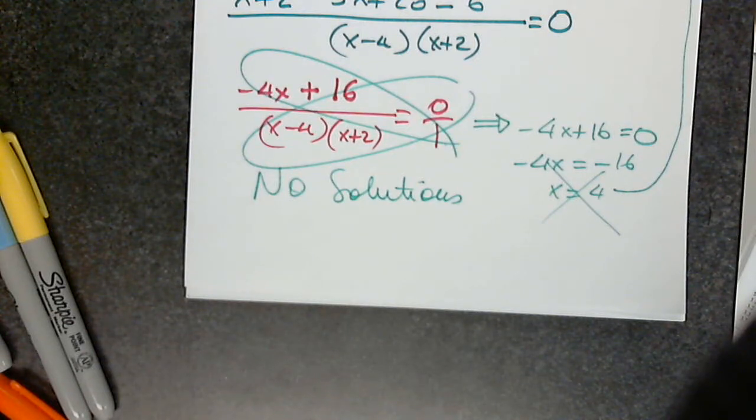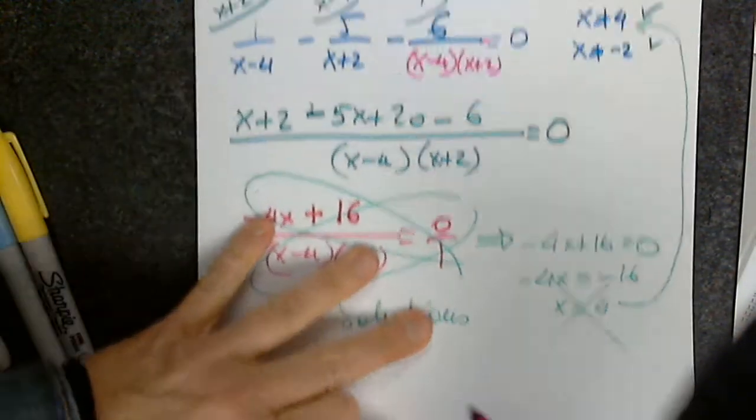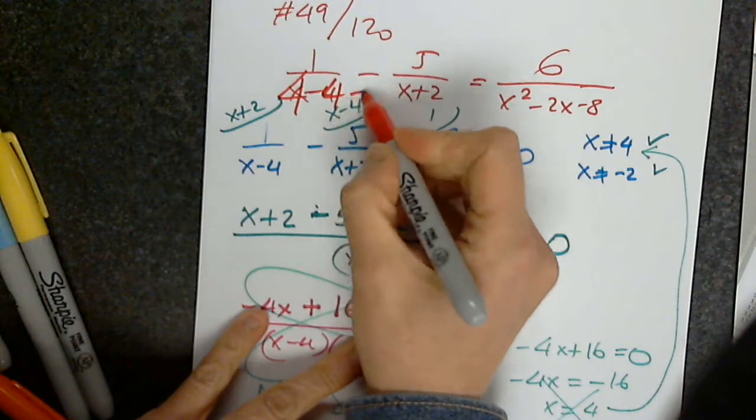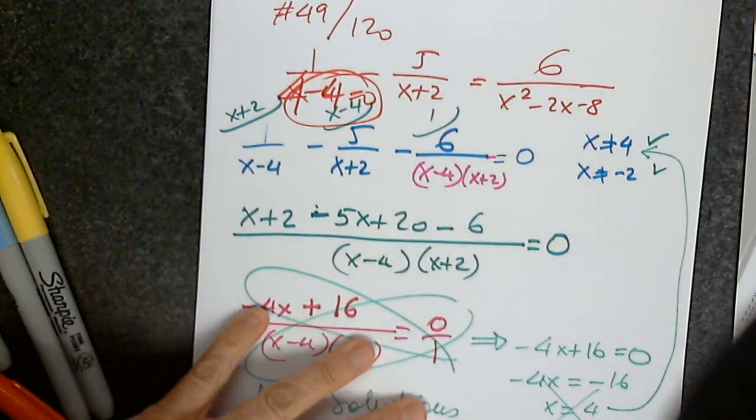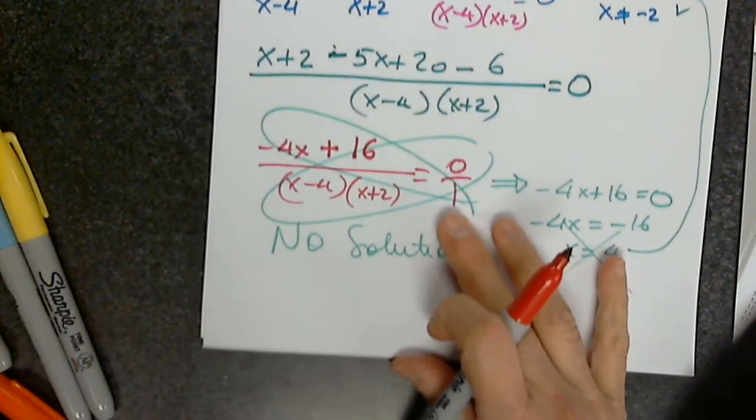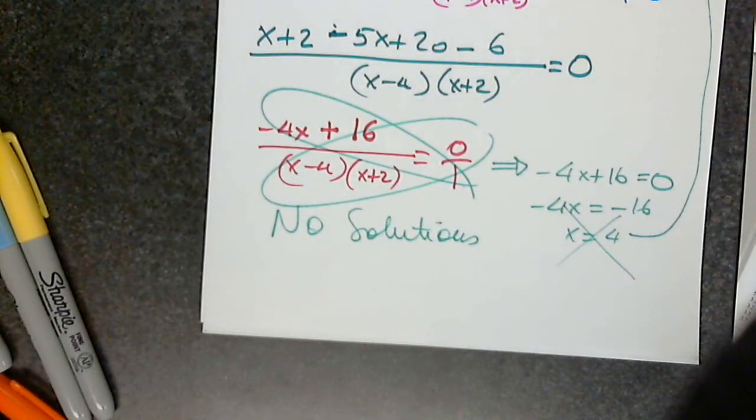I know you understood the steps, but if you don't go home and practice with 10, 15 problems, you're not going to remember. Okay? Yes. No, x cannot be 4. 4 minus 4 will be 0. 0 in the denominator is not allowed. Okay. Better? Perfect.